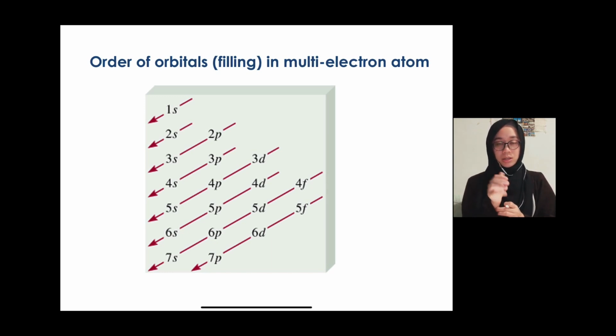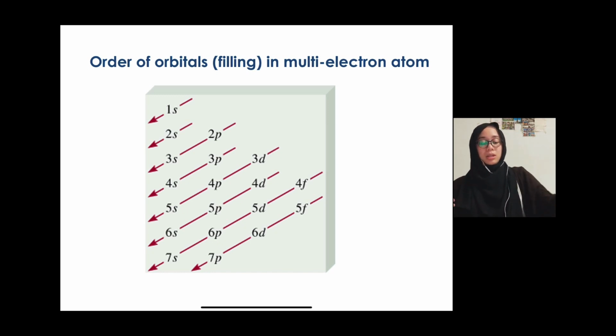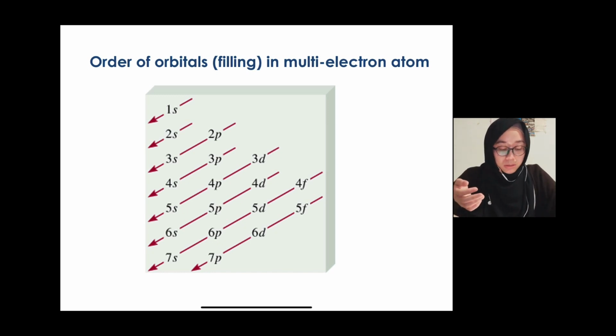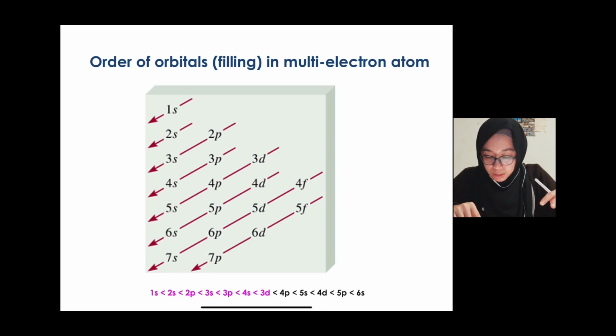Jadi ini sebenarnya cara nak tahu macam mana kita nak isi the electrons into the orbitals. You might not really understand what is going on here, so Miss akan tunjuk sekarang ni. If we have n equals to 1, bermaksud orbital yang ada dekat situ adalah 1s. And if we have n equals to 2, we have 2s dengan 2p orbital.